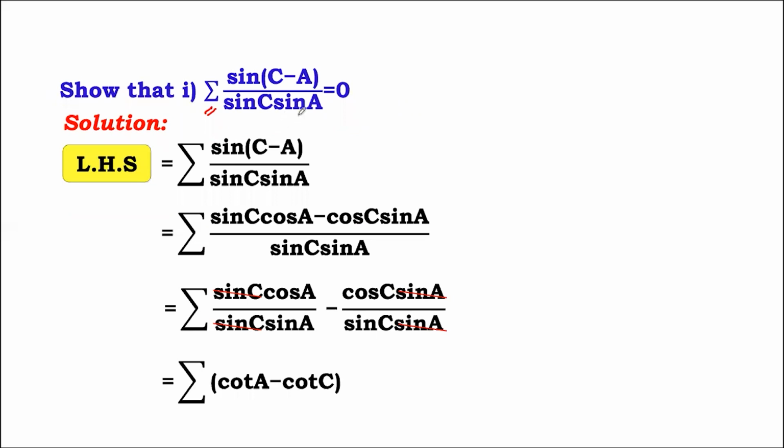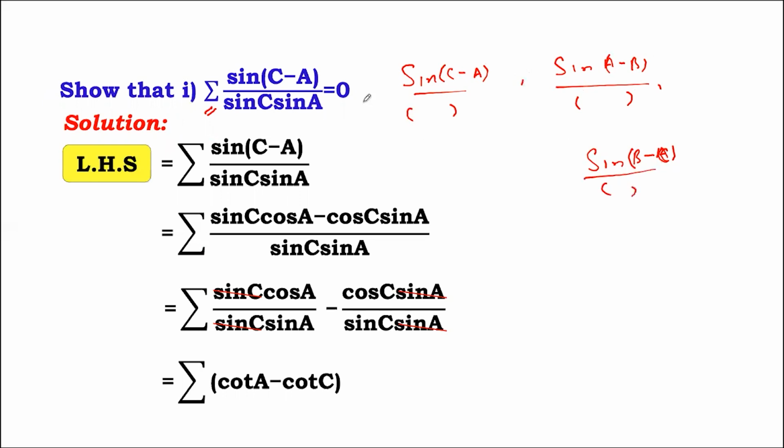Summation means we have to write this in three forms. First will be sine c minus a upon sine c sine a, second will be sine a minus b upon sine a sine b, third will be sine b minus c upon sine b sine c. So in cyclic order, every time we have to write it down. This is called the cyclic order.